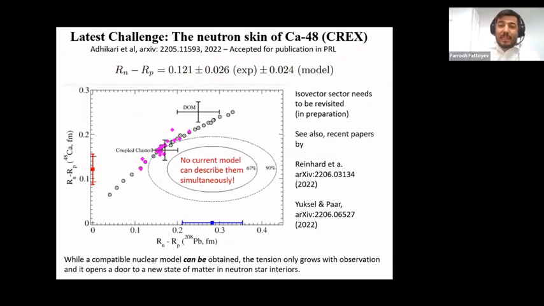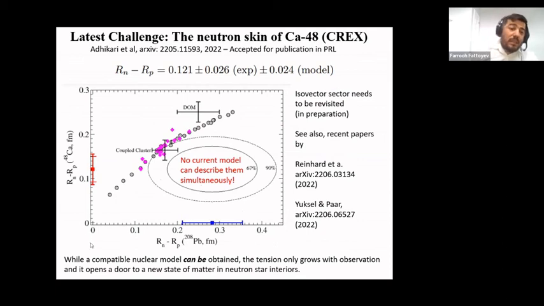So in this last slide I want to concentrate on the very recent result, published about 2 weeks ago, from the CREX experiment. The CREX experiment surprised us all with the result they came up with. Once the experiment was done, the neutron form factor was obtained and the analysis was done.